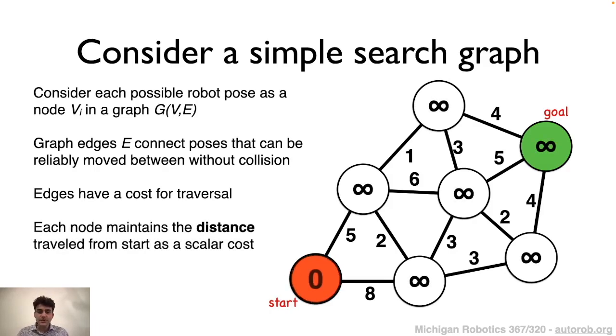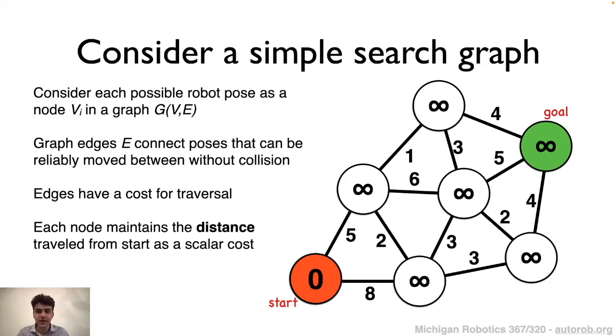So then for the purposes of our search algorithms, what we'll consider is that each node within this search graph maintains the distance that's required for the robot to travel from the start position to that particular node within the graph, as an integer scalar cost.